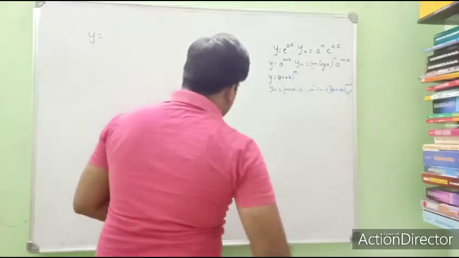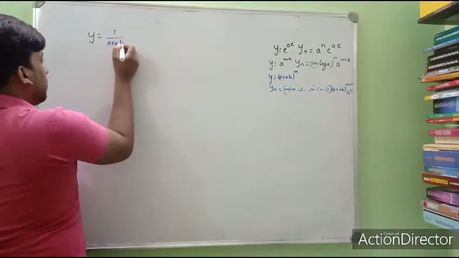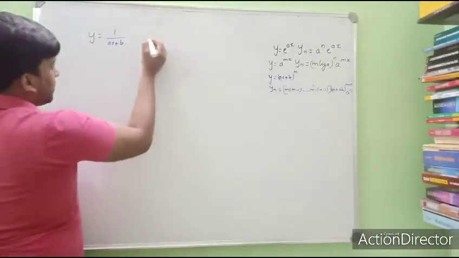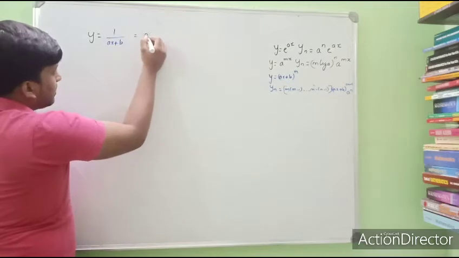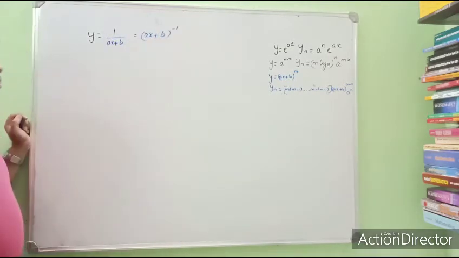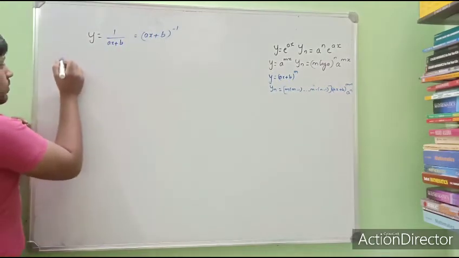Yes, next standard function where y is equal to 1 by (ax plus b). So 1 by (ax plus b), we can write as (ax plus b) to the power of minus 1. Understanding? Yes. Now we'll take the first derivative.